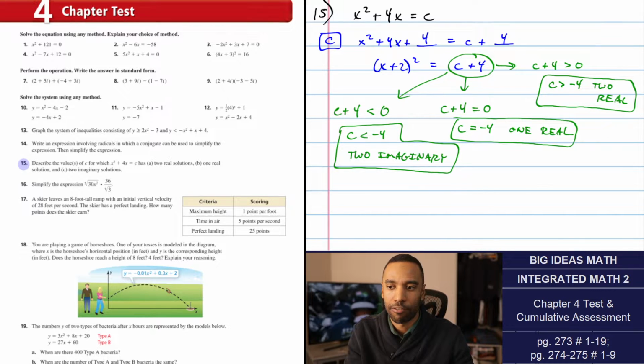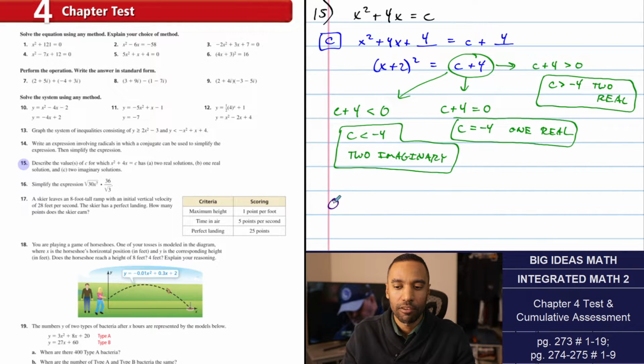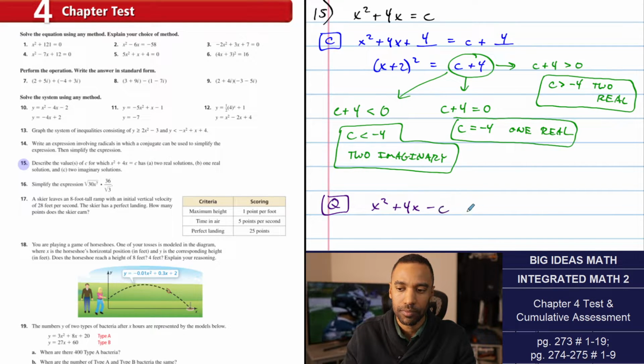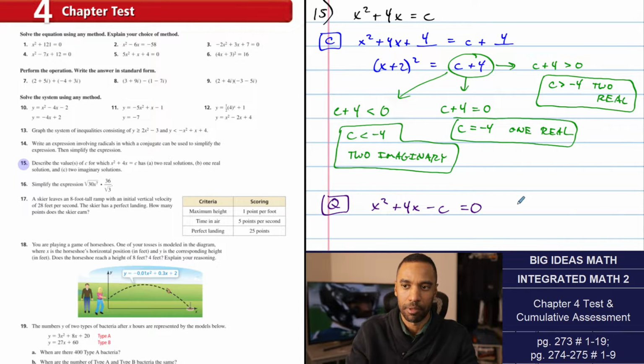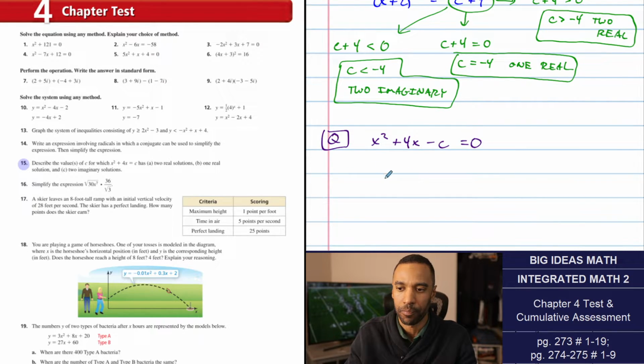Using a quadratic formula method, not the quadratic formula in and of itself, more so the discriminant portion. I want to first set this equal to 0 by subtracting C over, keeping in mind C is a negative number in this case. My discriminant is b squared minus 4ac.